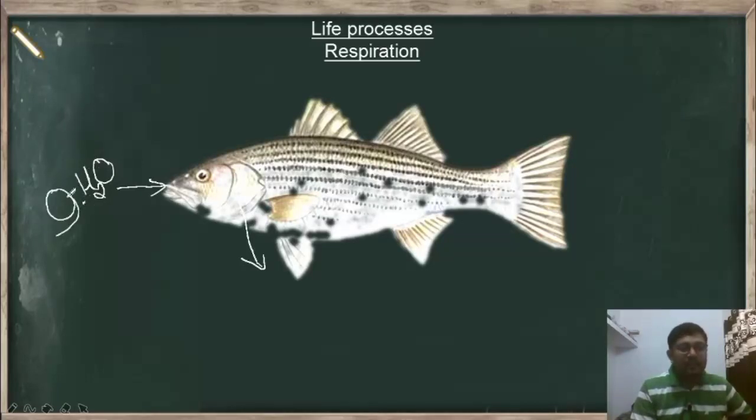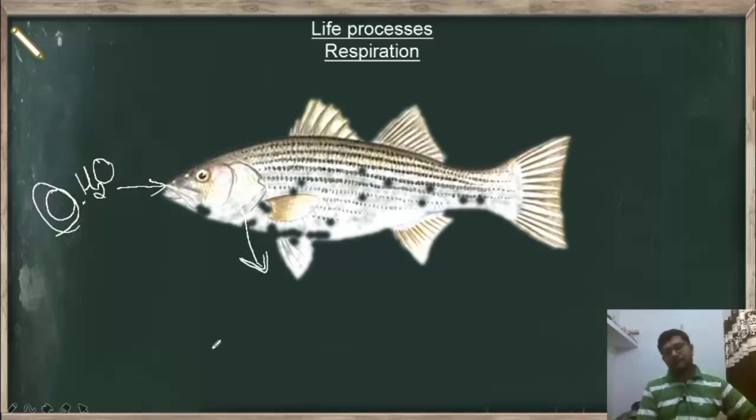These oxygens are absorbed by the gills, and the gills contain blood capillaries, and this blood carries the oxygen to the other cells, and the fish releases water out of its body. So this happens in the case of fishes, that is, aquatic animals.